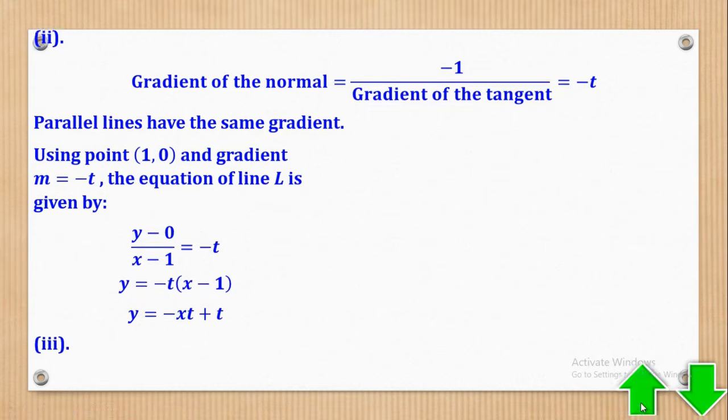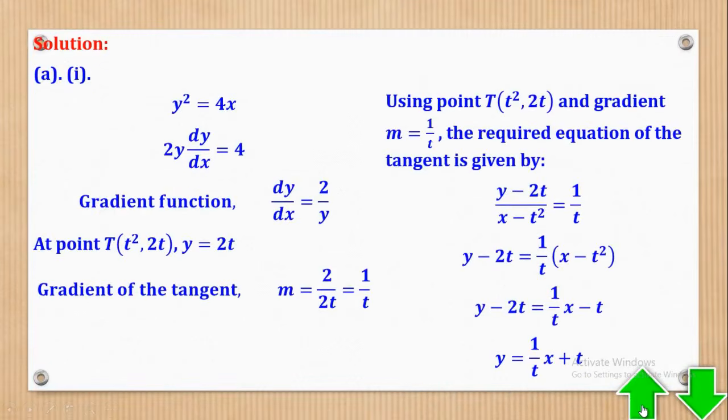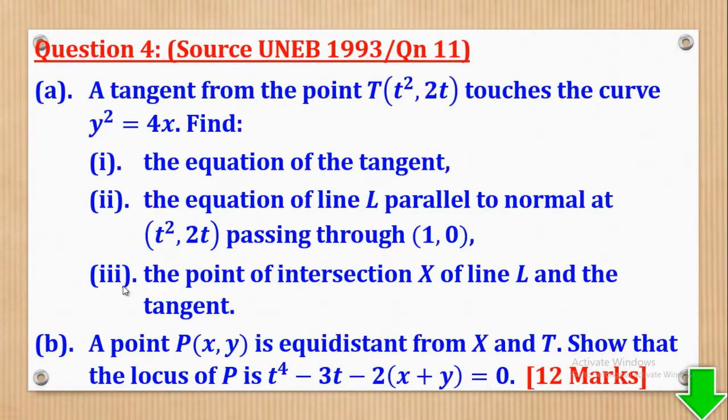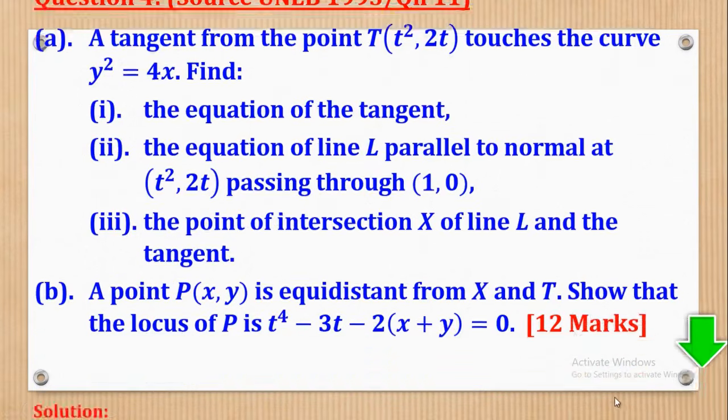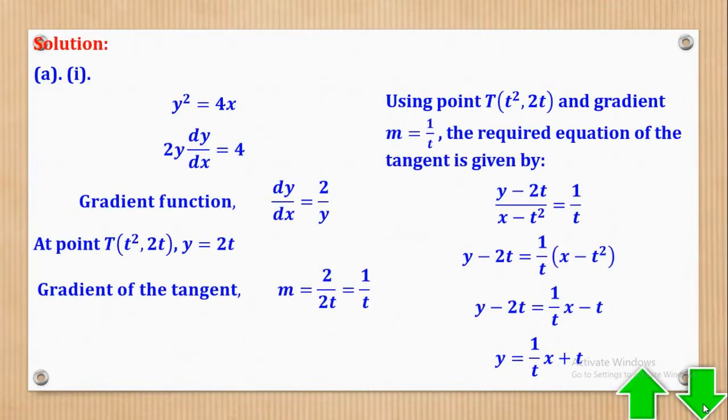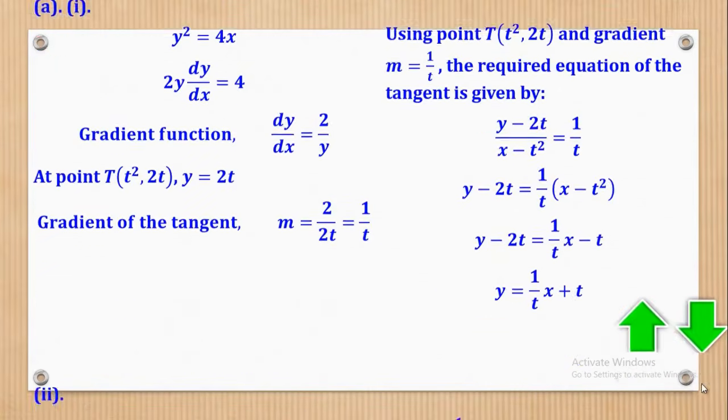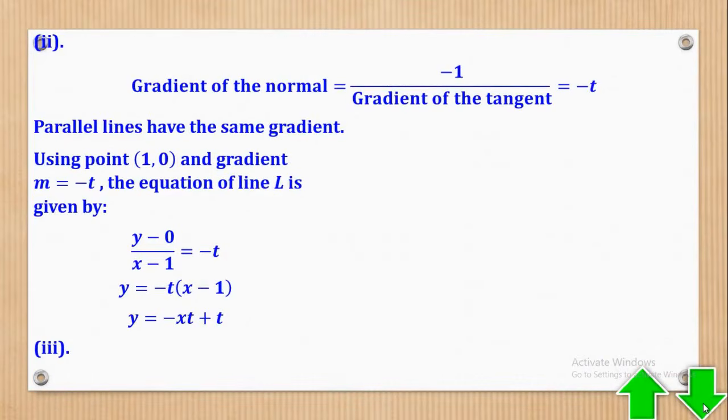Then Roman 3 says find the point of intersection X of line L and the tangent. We have the equation of the tangent and also have the equation of line L. So we need to solve them simultaneously.